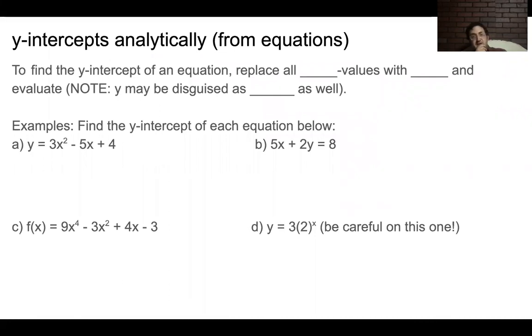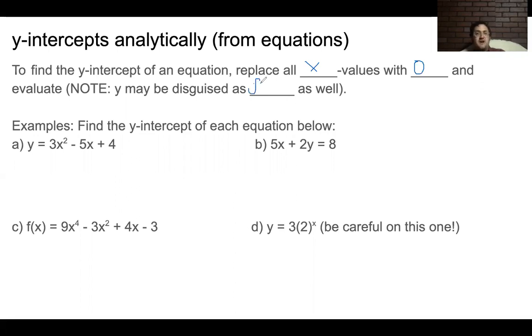Let's say that we want to find the y-intercepts analytically using the equations. What you're going to do with that is replace all the x values with 0.